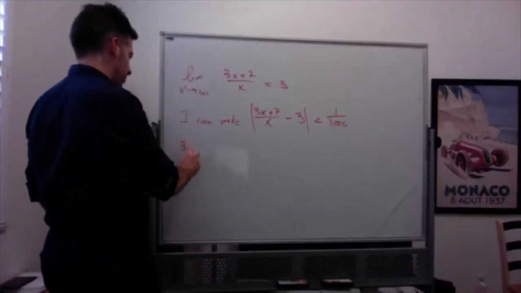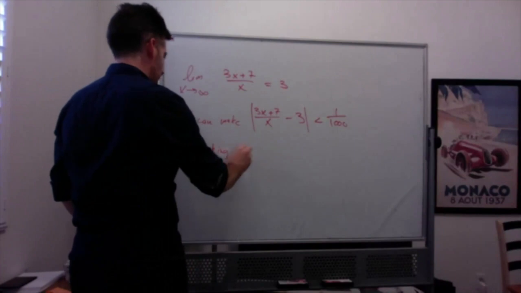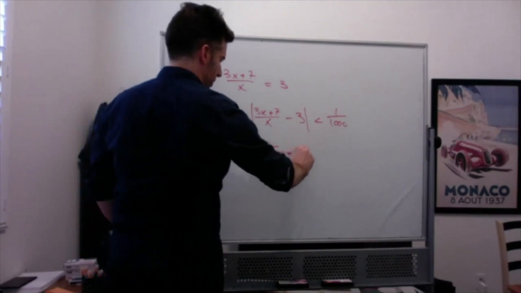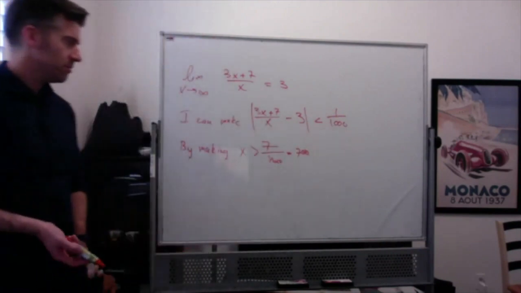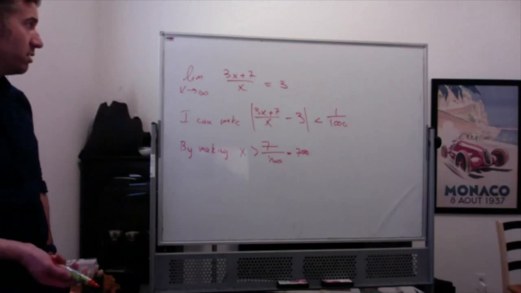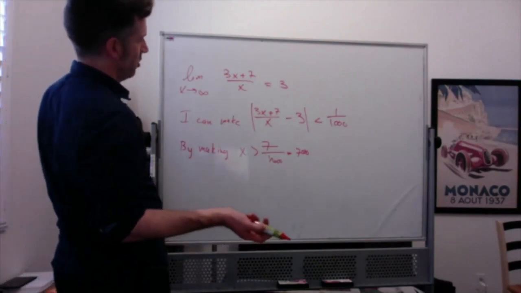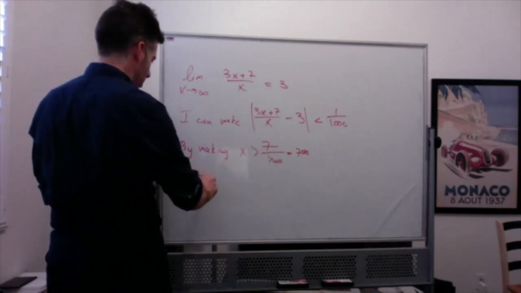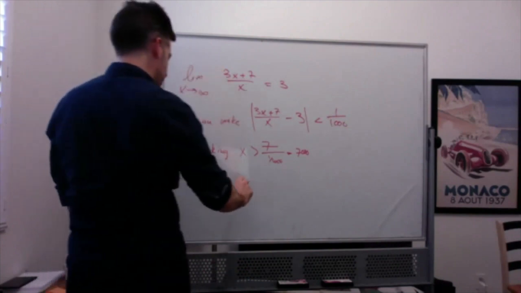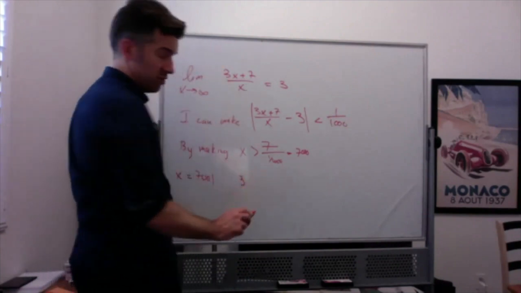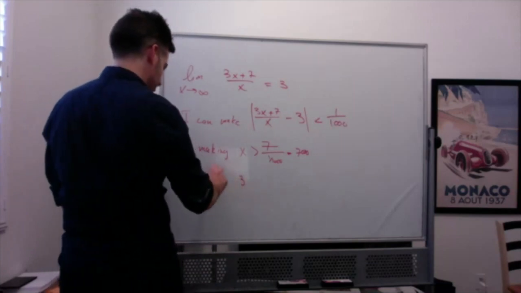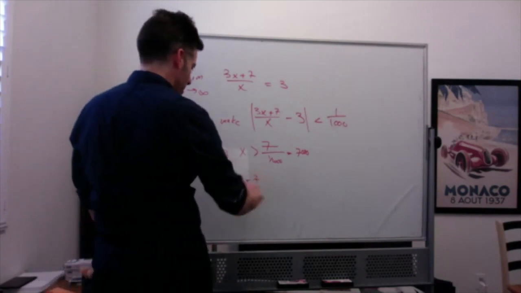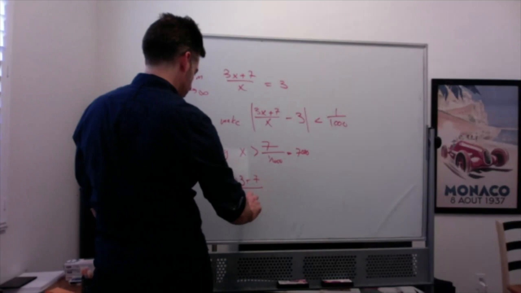So I can do that by making x larger than 7 over that number, which is equal to 7,000. Okay, so let's see. I'll make it 7,001. So if x is 7,001, then I'm going to have 3 times 7,001, which is 21,003, plus 7, all over x, which is 7,001.